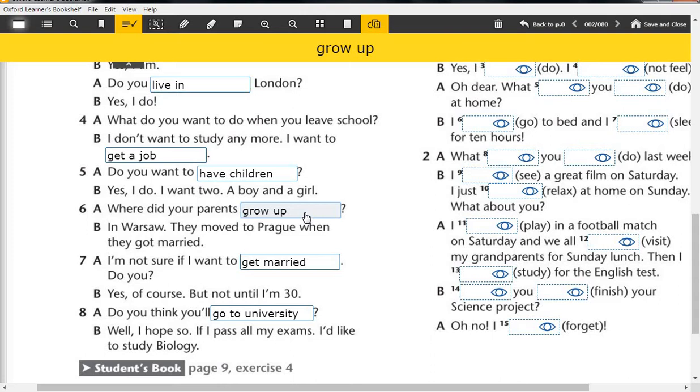Where did your parents grow up? In Warsaw. They moved to Prague when they got married. 7. I'm not sure if I want to get married. Do you? Yes, of course, but not until I'm 30. 8. Do you think you'll go to university? Well, I hope so. If I pass all my exams, I'd like to study biology.